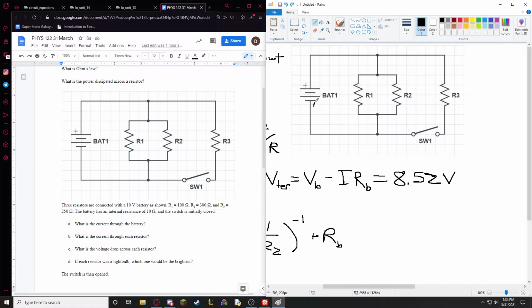We can draw a loop through the battery, plus 8.52 volts, and then through R1, minus 8.52 volts. Or battery plus 8.52, R2 minus 8.52. Or R3, same thing. So the voltage across each of them is 8.52 volts lost. So then how do we solve for the current through each?